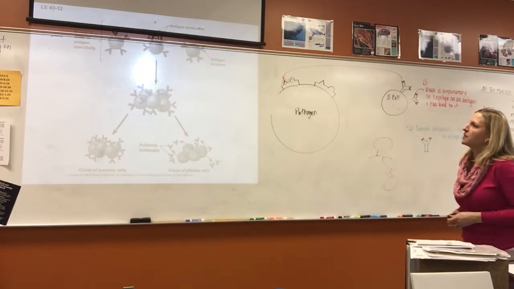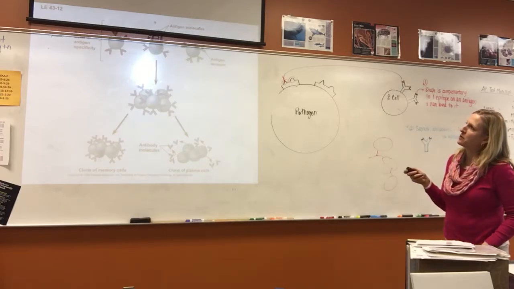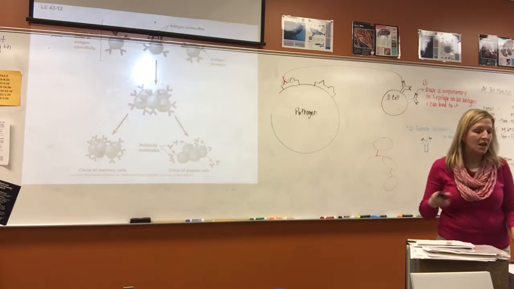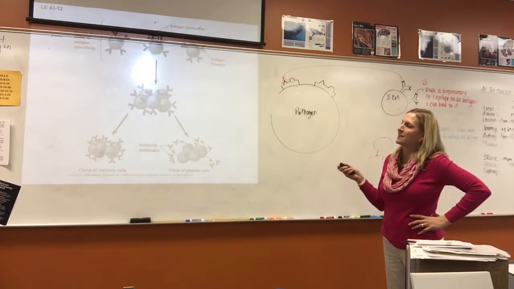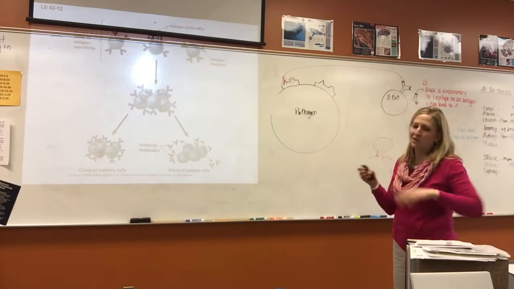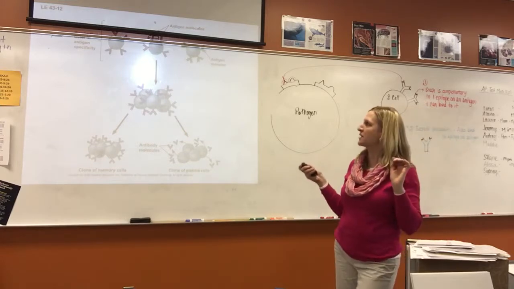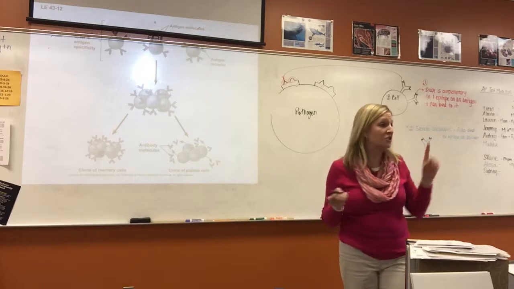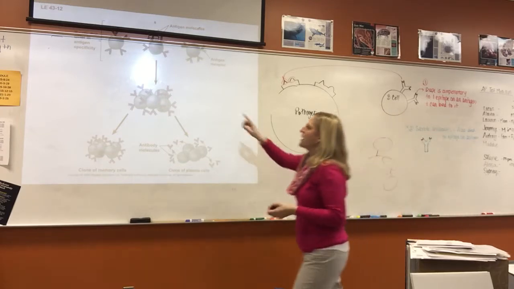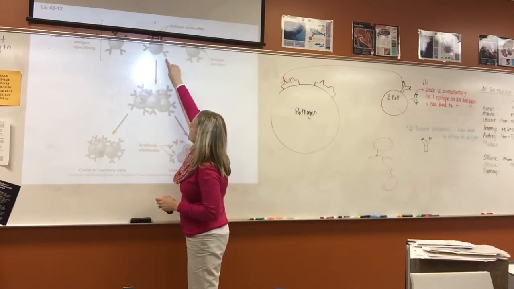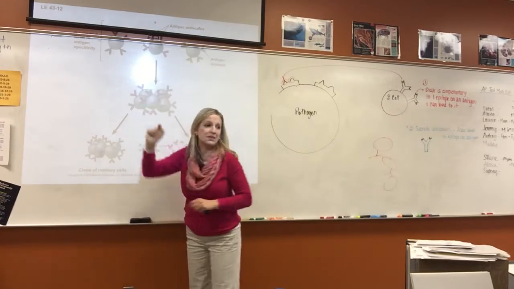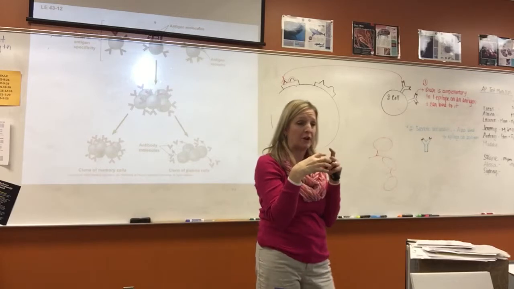So remember, let's just do a quick little review. When you come into contact with an antigen for the very first time, your body has to select which B cells, out of this army of B cells, will work against that particular pathogen. How does it know? The B cell that's selected has to have a complementary shape on the ends of the receptors that will fit with that particular antigen.